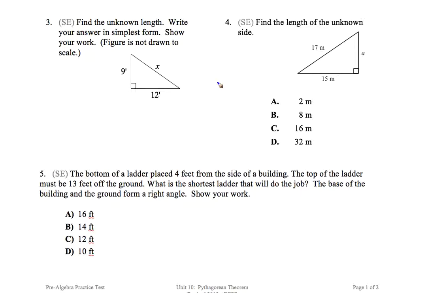Number 3, find the unknown length. Write your answer in simplest form. Show your work. So my right angle is where my A and B are attached. C is across from my right angle. So I get 9 squared plus 12 squared equals C squared. 81 plus 144 equals C squared.